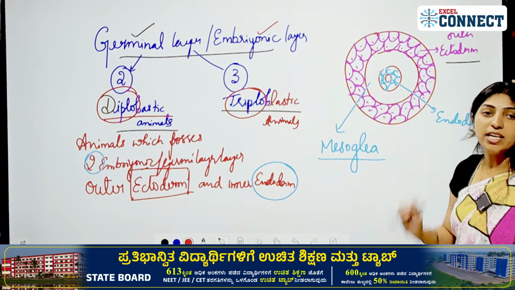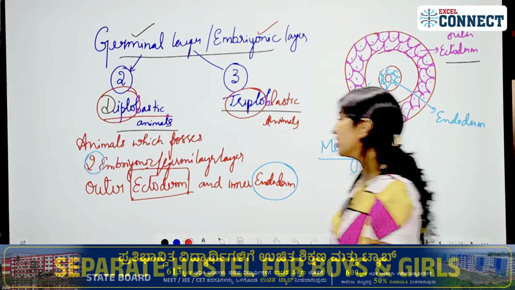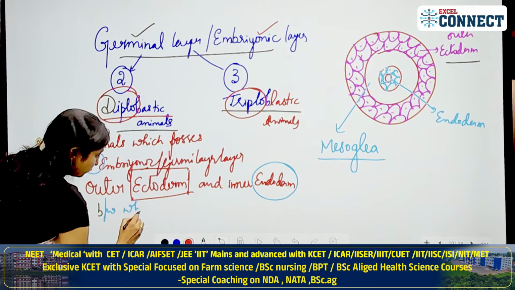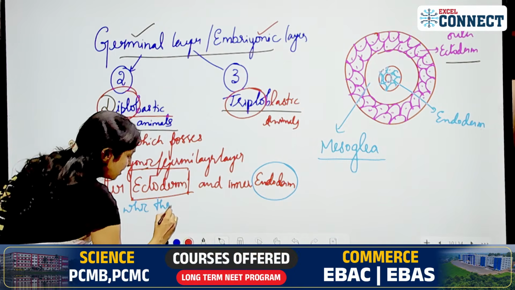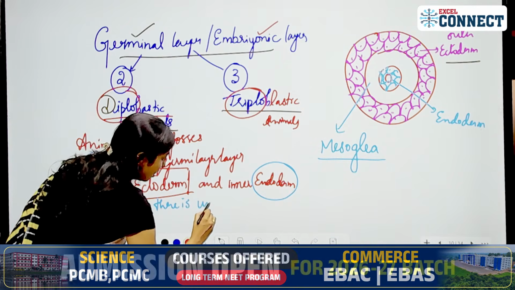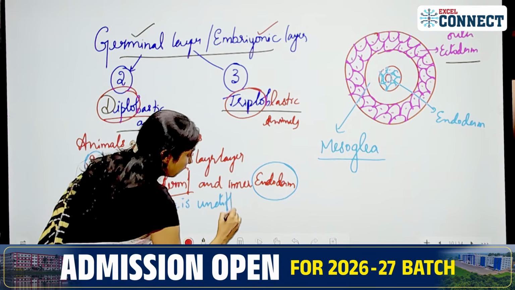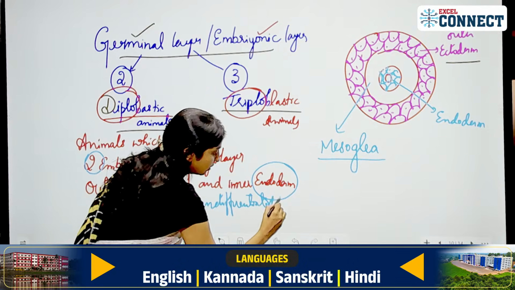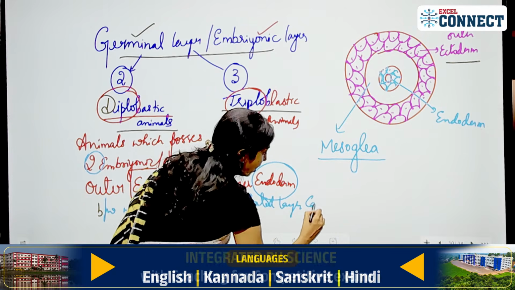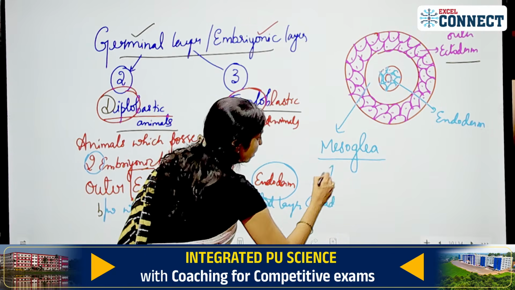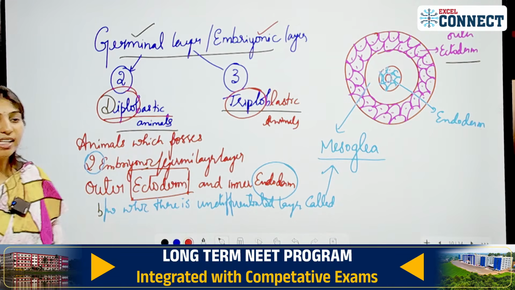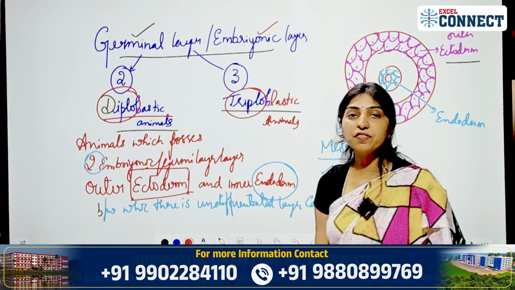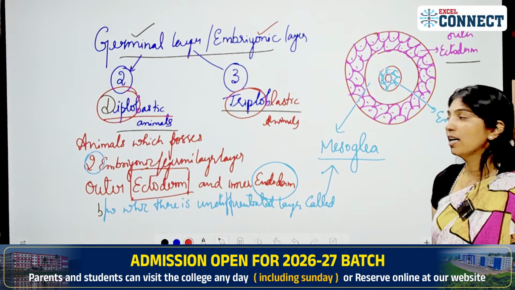Between these 2 layers, there is an undifferentiated layer, which will not differentiate, which will not divide. What is it called? That undifferentiated layer is called mesoglia. This is how you define diploblastic animals.